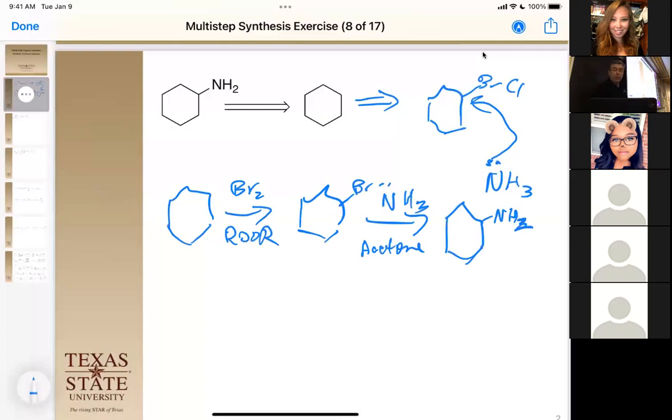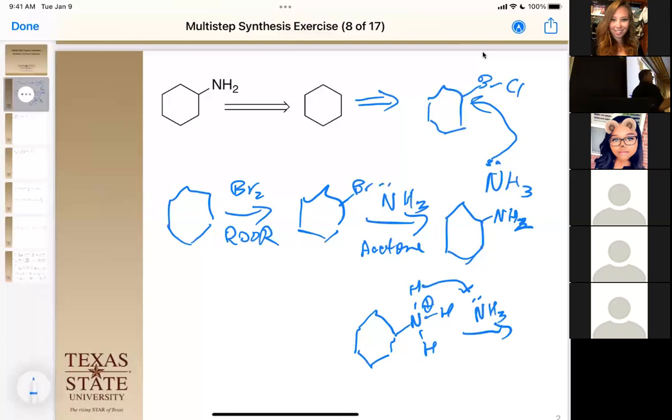When it first forms, because we're attacking with a neutral nucleophile, it's going to give us a charged species, NH3 plus. And then another equivalent of ammonia can act as the base and deprotonate it, giving us our final product.